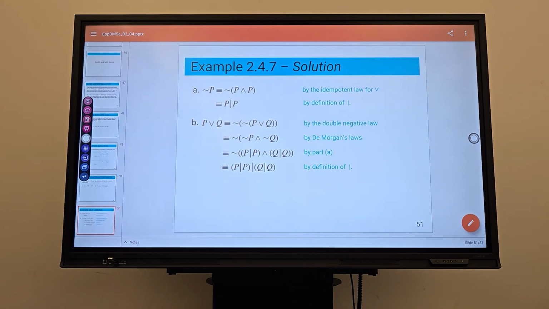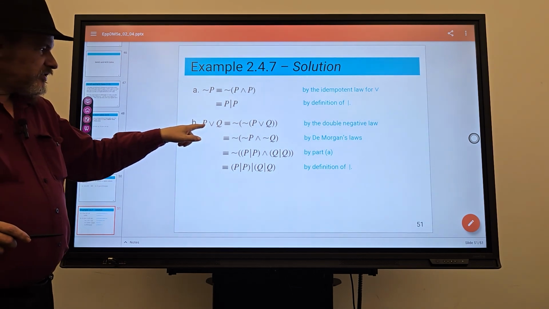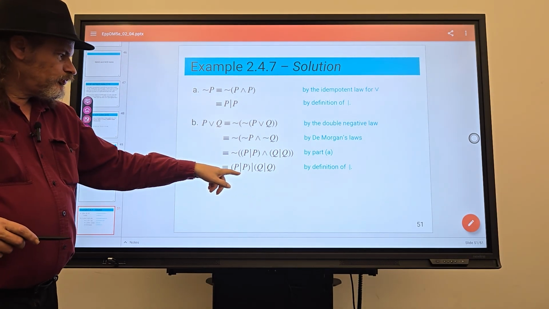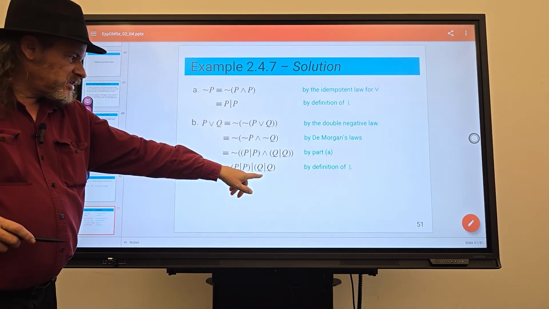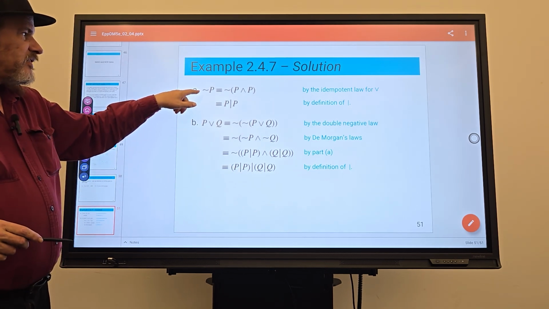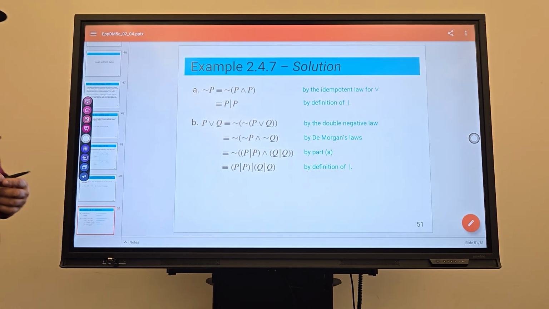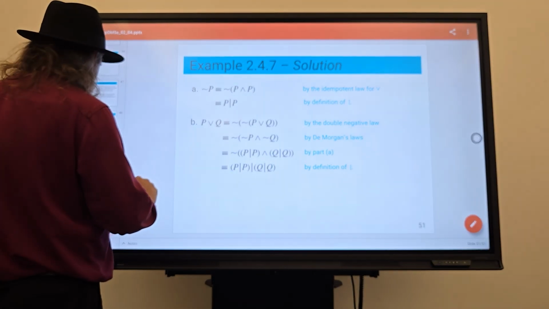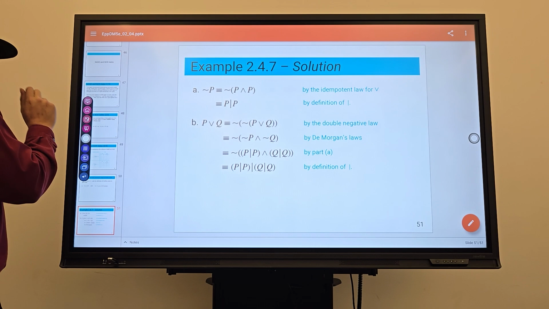But here's how you derive the equivalence between the OR and the NAND gate implementation, and the inverter with the NAND gate implementation. And that is it for this.